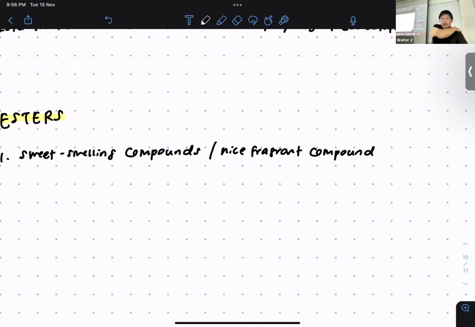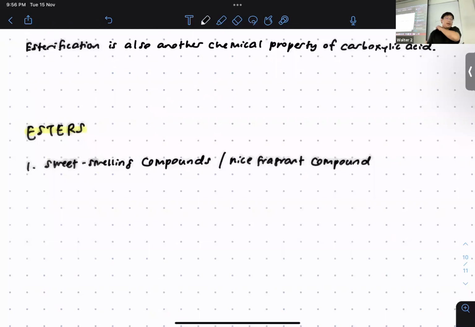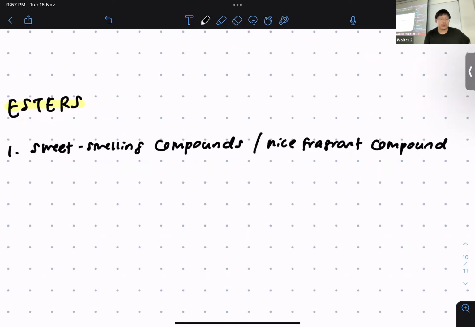All these different kinds of esters are used commonly as flavoring agents, as perfume, fragrances, and whatnot. So those are the uses of esters.